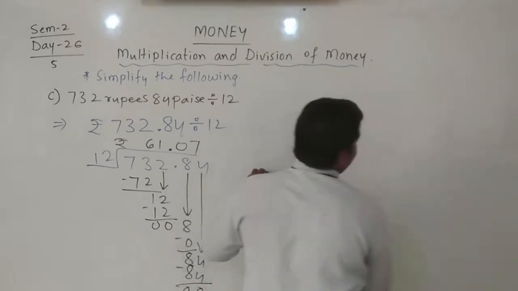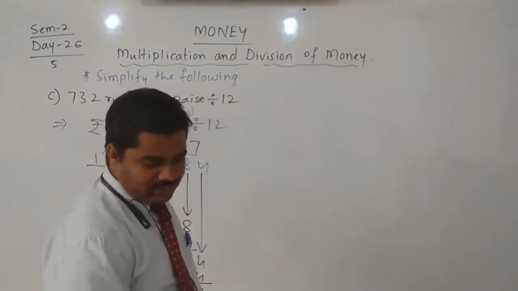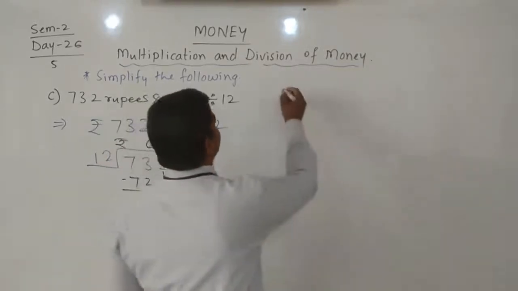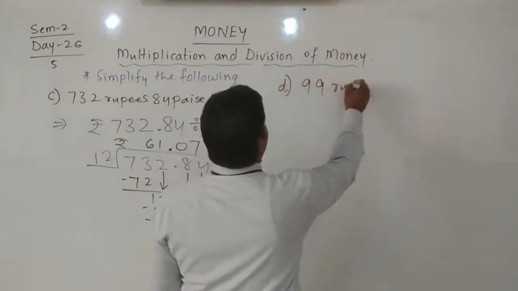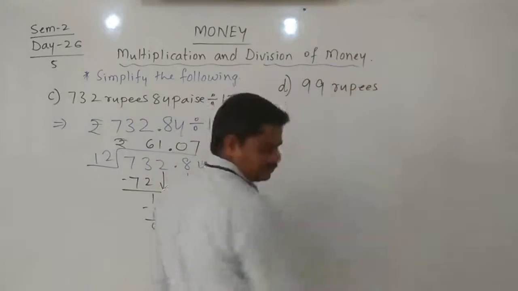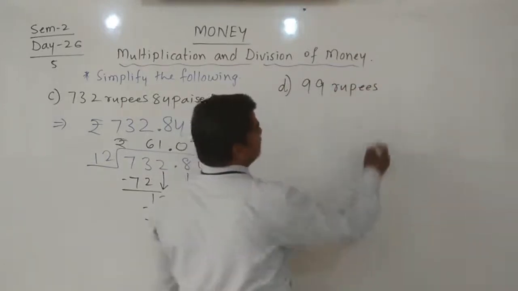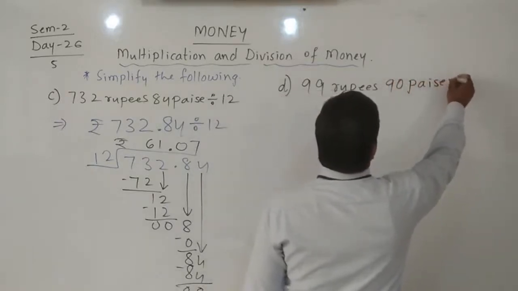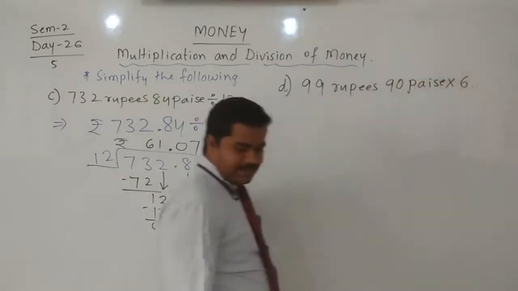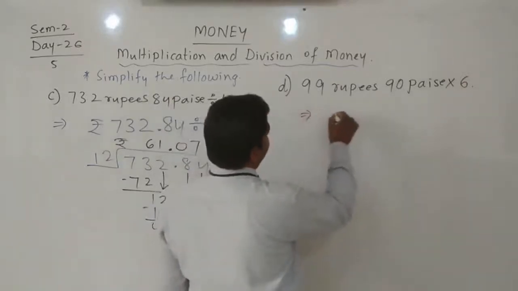Take your own rupees and paise, multiply by your own number, then it will be easy. 99 rupees 90 paise into 6. Multiply by 6. Now change to decimal form.